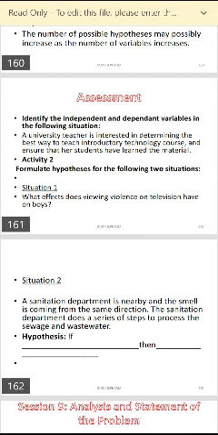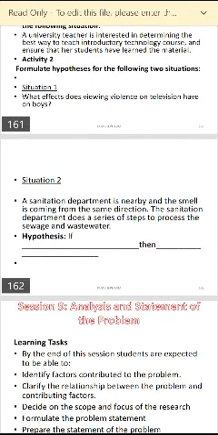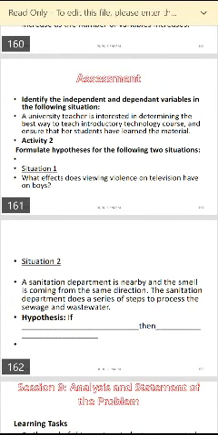The sanitation department does a series of steps to process the sewage and wastewater. Write the hypothesis starting with if, then. If you understand the lesson above, then it will be very simple for you to do this assessment on your own.